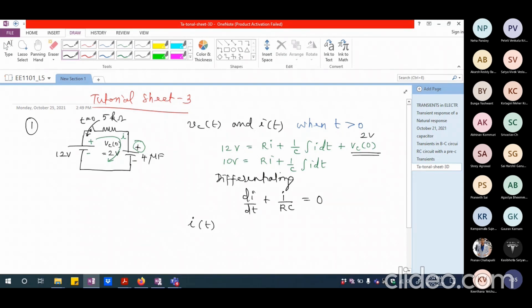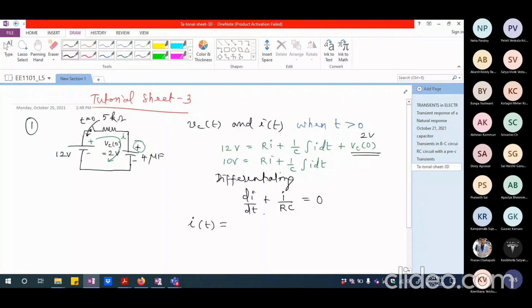Isn't 1 by C integral i dt the voltage of the capacitor? 1 by C multiplied by integral i dt is the voltage of the capacitor, but when you do the integration, you will always have a constant, and that constant is determined by the initial condition. So the initial condition here is 2 volts. So this is going to be i(t) equal to whatever is my initial.